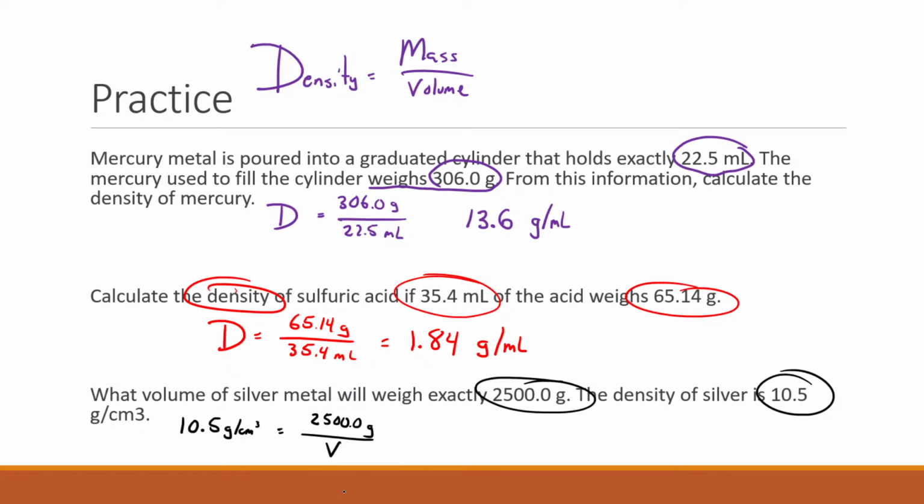We're looking for this denominator. In order to do that, we're going to have to cross multiply. Right? Put our 10.5 over 1. Cross multiply to get 10.5 grams per centimeter cubed times volume equals 2,500 grams. To get volume alone, we have to divide by our density.